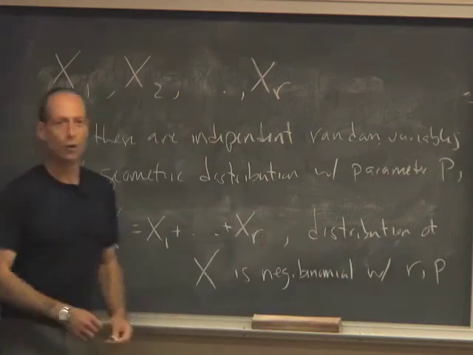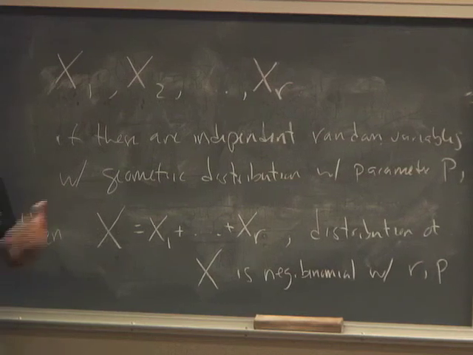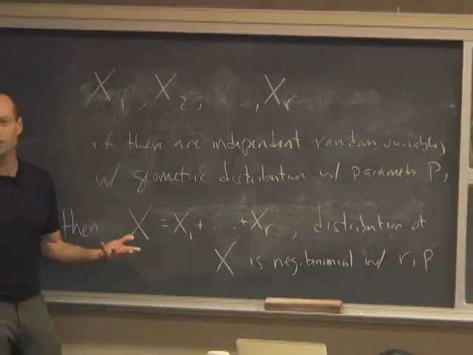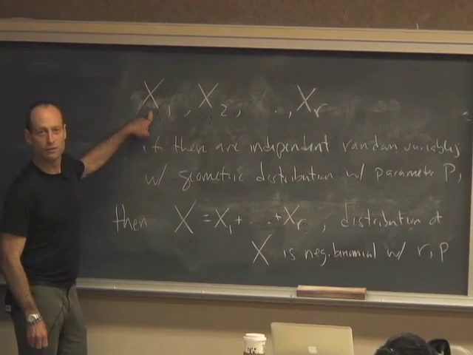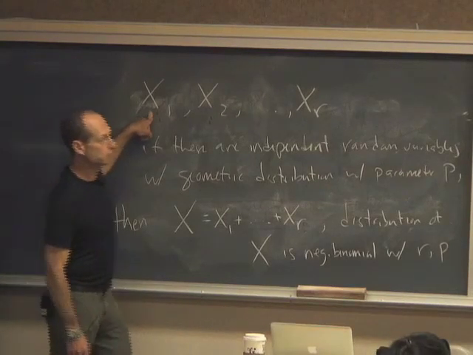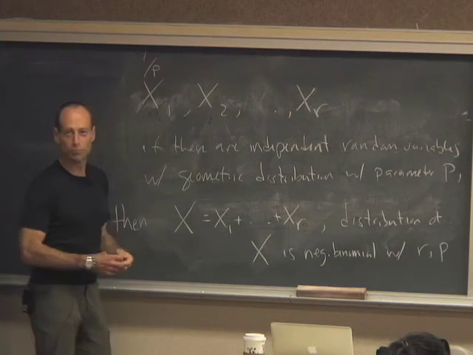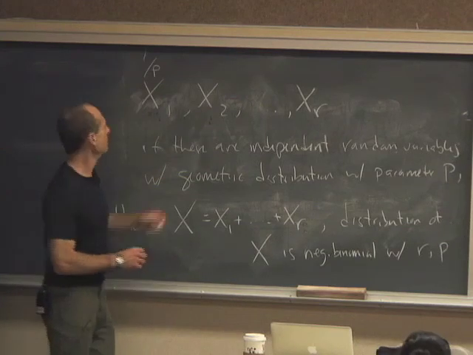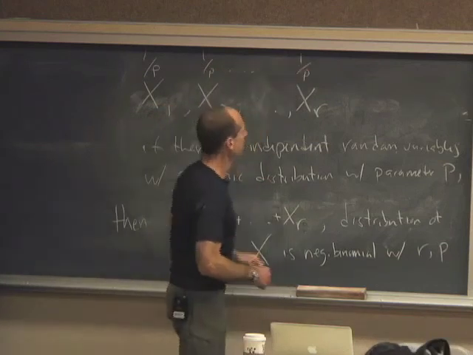Okay, now we had that little rule that says the expected value of a sum is the sum of the expected values. What's the expected value of this geometric random variable? We've sort of said it's 1 over p without proving it. Yeah? The expected value of this one is 1 over p, et cetera, and the expected value of this one is 1 over p.